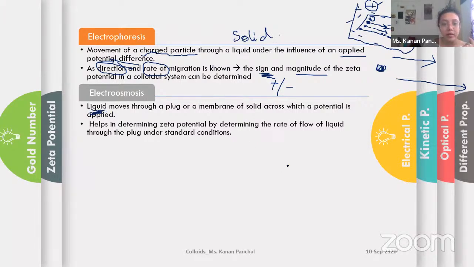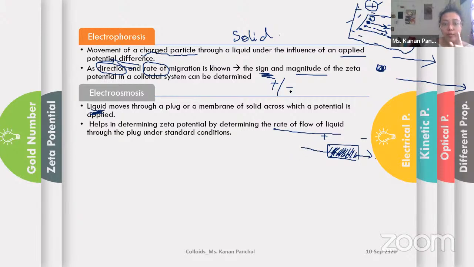Liquid is moving. So you have, say, a plug of solid. This is a membrane, or this is something through which your liquid can move. Again, this is positive, this is negative. और तुम ऐसे pass कर रहे हो, तो कितना तेजी से move कर रहा है, कैसे move कर रहा है, the rate of flow of liquid. Okay, that helps in determining the zeta potential and all of that.